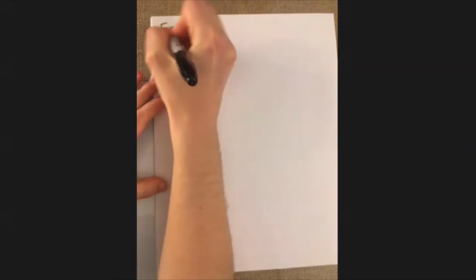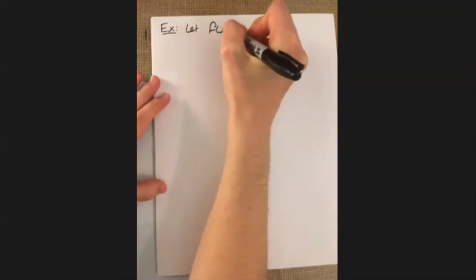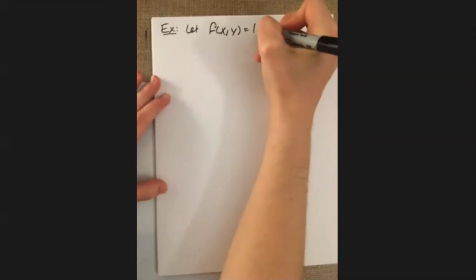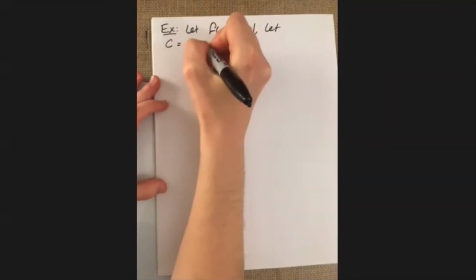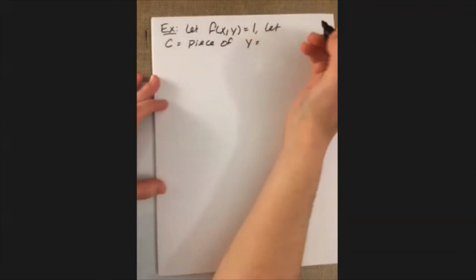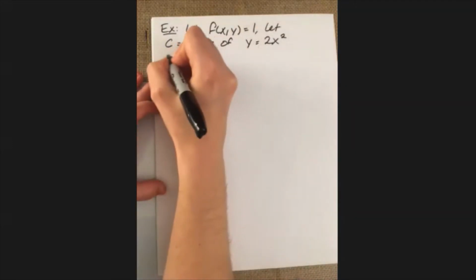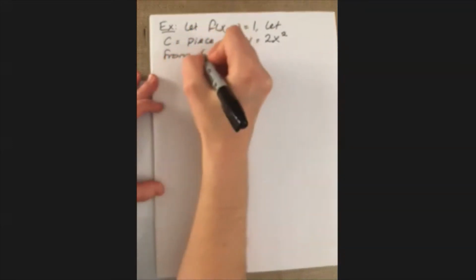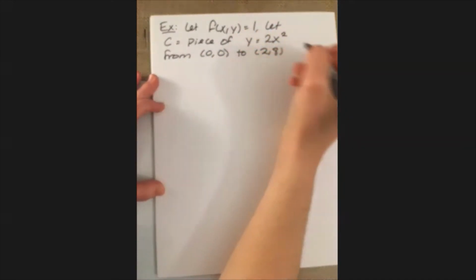So in this example, we are going to let our function f(x, y) be equal to 1, and let C be a piece of y equals, let's say, 2x squared from (0, 0) to (2, 8).